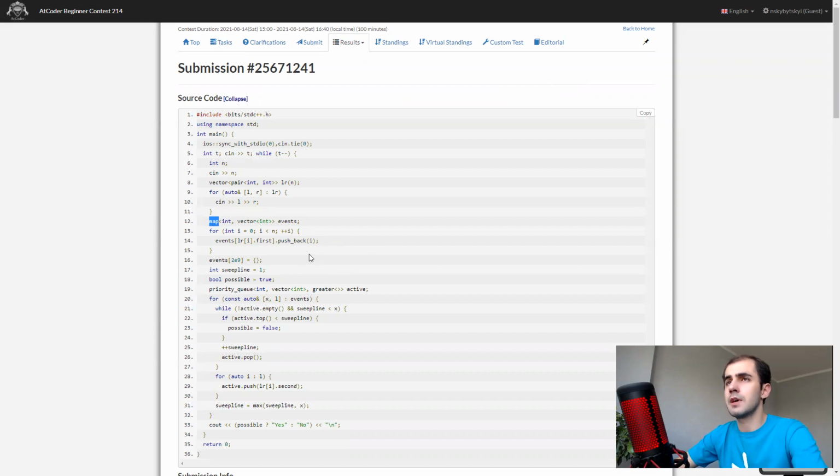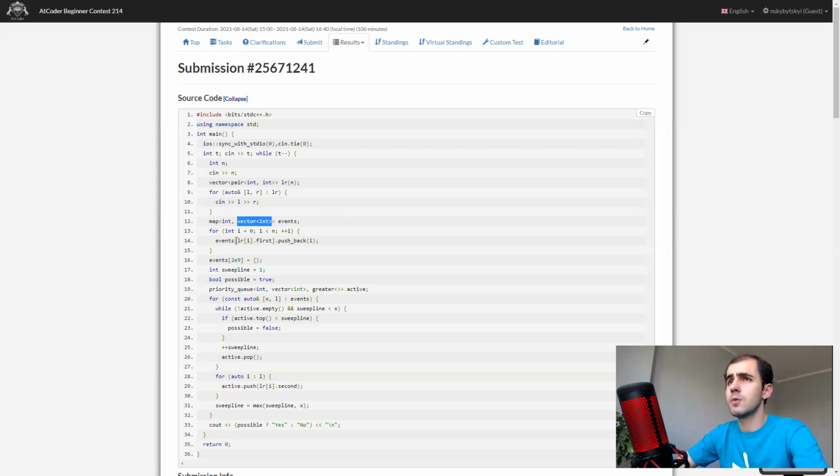I assume that vector plus sort is usually faster than map, because map has to maintain a tree-like structure, which is more expensive than just having an array and sorting it once. But a good thing that map lets you do is group events into, let's say, a vector. So when processing events, you know that you are going to process all events from this coordinate, and I find it a very nice feature of using a map here.